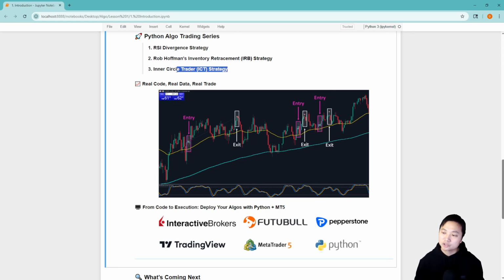And finally, we also have the ICT strategy. We explore concepts like smart money, fair value gaps, and liquidity sweeps, and then bring it all together in a Python-based trading setup.